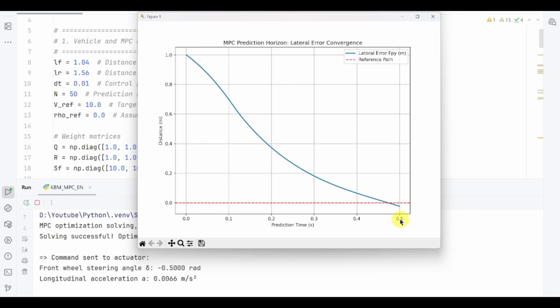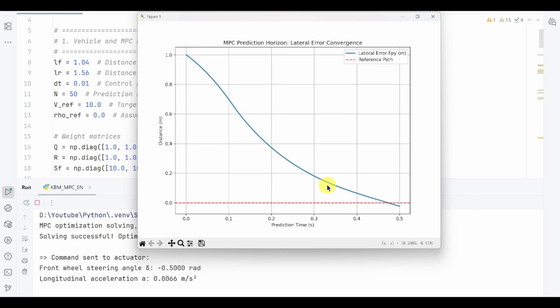Within a short 0.5 second prediction horizon, the vehicle's lateral error is rapidly pulled back from 1.0 meter to around the 0 line, represented by the red dashed line. Notice the smoothness of this curve. There are no sharp corners or severe overshoots.